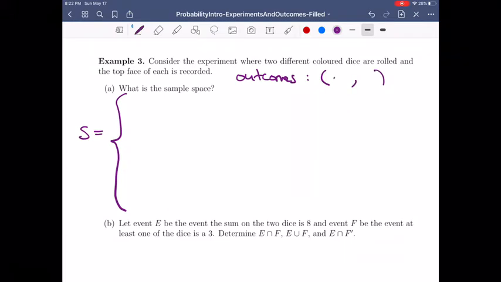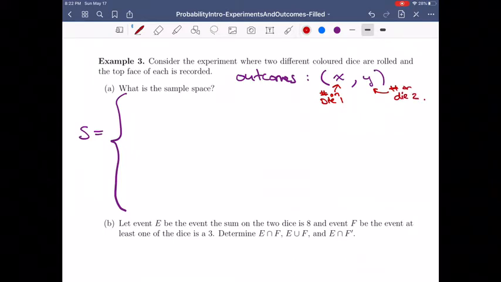I'm going to call it X and Y, where X is the number on die 1, and Y is the number on die 2. These are different colors, so we can tell which die the number occurred on.